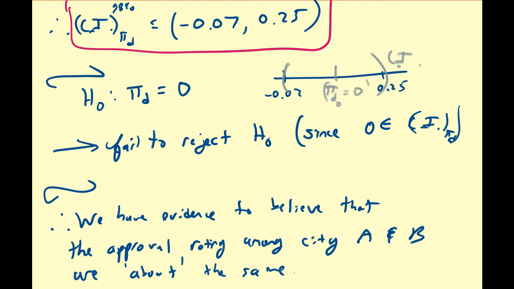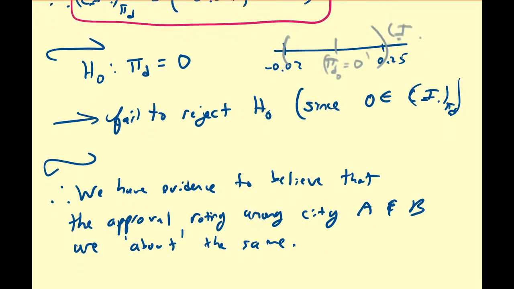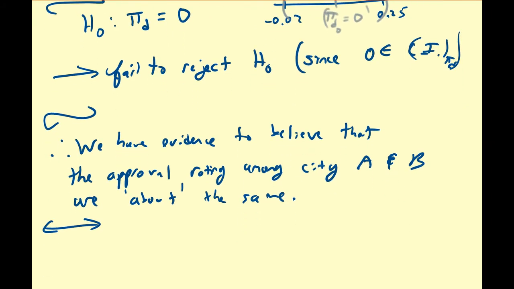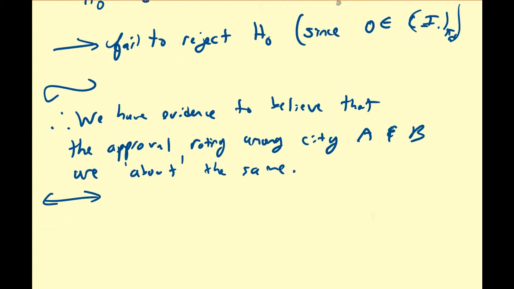Now, pi A and pi B might not be equal to one another, but the difference between them might be really small. And this is pretty much how you conduct a hypothesis test on the population proportion difference.